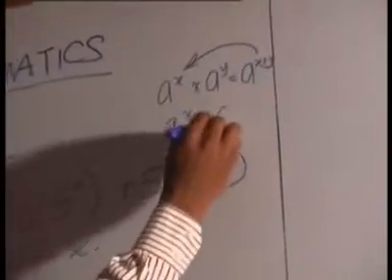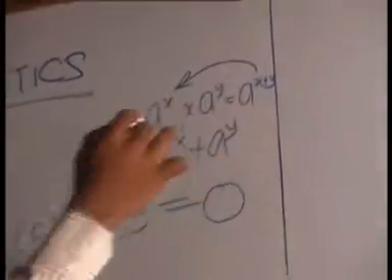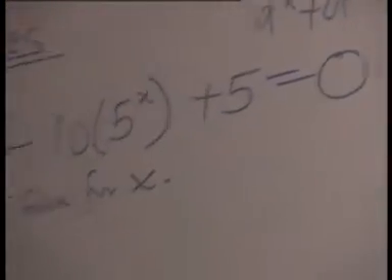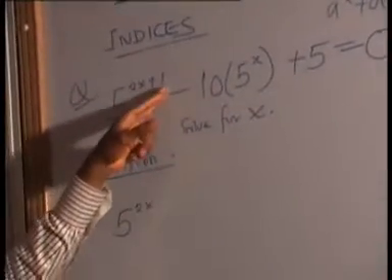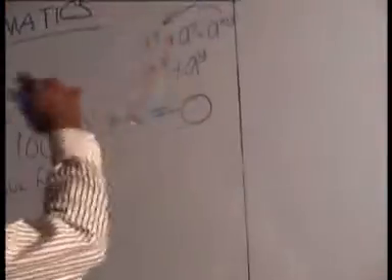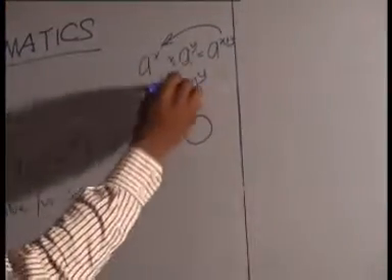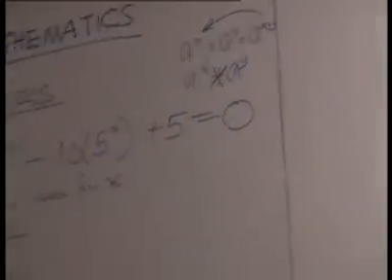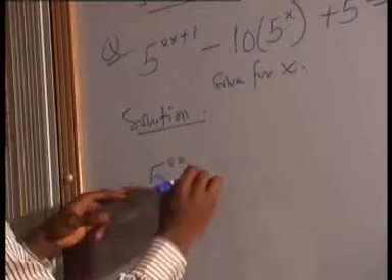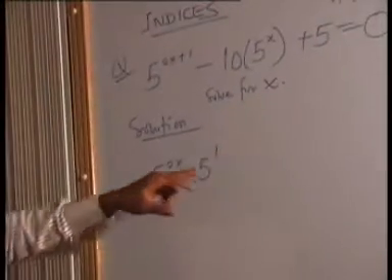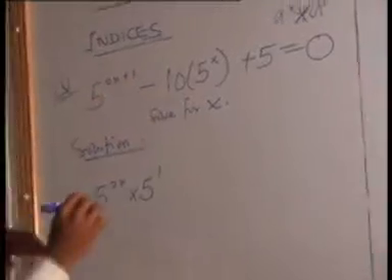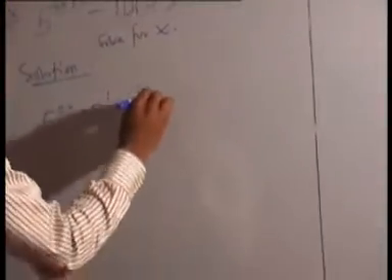So here, 5 raised to power 2x plus 1 separates into 5 raised to power 2x, times 5 raised to power 1. Are we there? Then you move on.